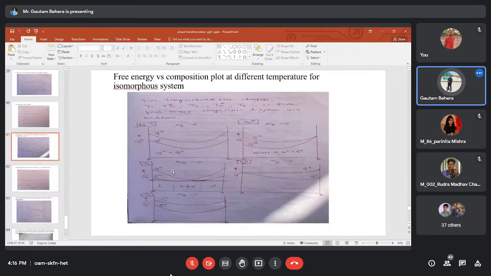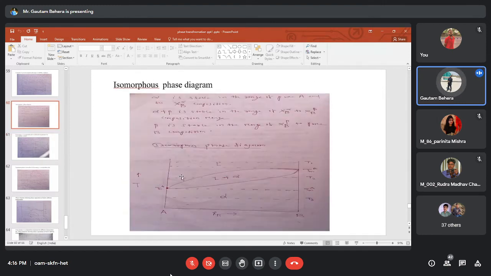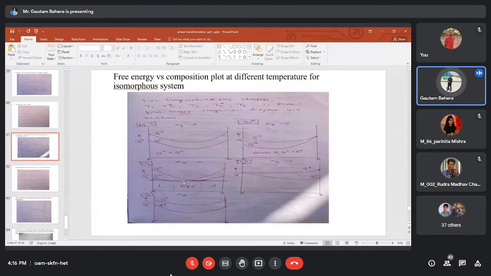This is the figure, T2. You can see this is the G liquid curve and this is the G alpha curve. At this intersection point, both liquid and alpha will exist, right? If you go from this point to the left side towards A, liquid is the stable phase, so GL is in the lower position and G alpha is at the higher position.